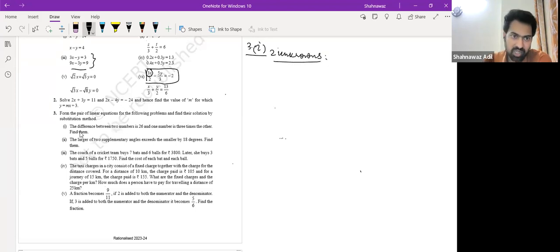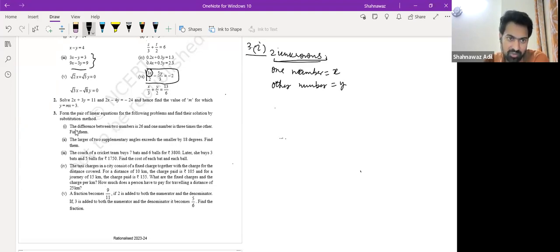Right. So we have the difference between two numbers is 26 and one number is 3 times the other. So what are the two unknowns, Tejasvi? Let the larger number be X and the smaller number be Y. Larger and smaller, we can talk about. Let one number be X, and the other number is 3 times the smaller one, so there will be a smaller and a larger.